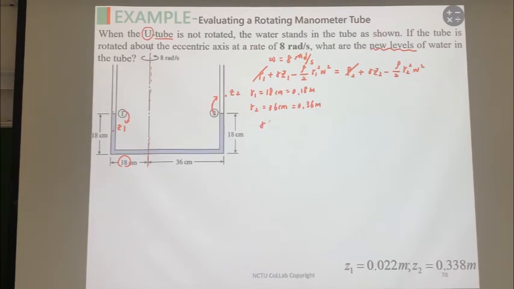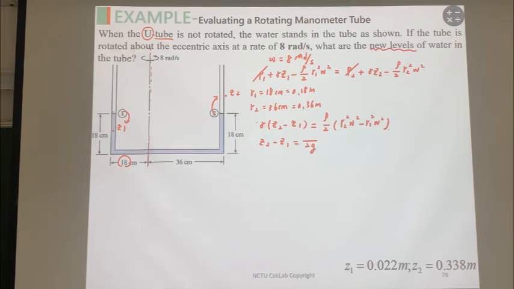So we put gamma times Z2 minus Z1 is equal to rho over 2 times R2 squared omega squared minus R1 squared omega squared. And then we know gamma is equal to rho g.